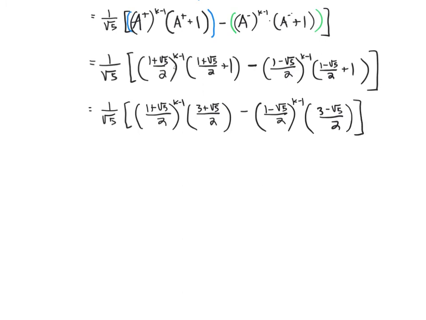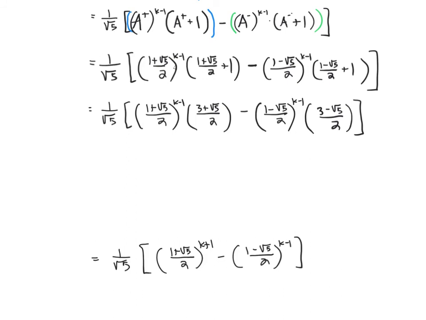Close our bracket. Okay. Now, you could think that it might be hard to see how we can get, let me just write something down here. Remember, what we want is 1 over root 5 times 1 plus root 5 over 2 to the k plus 1 minus 1 minus root 5 over 2 to the k minus 1. That's what we're looking for.